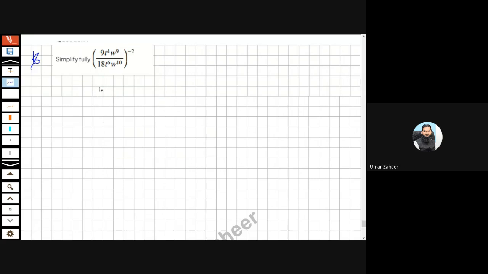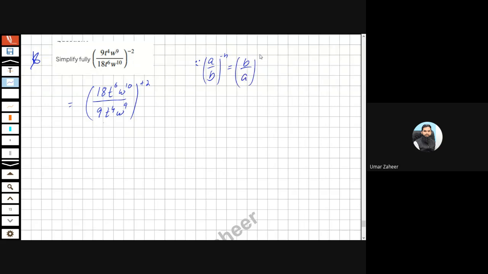So take the reciprocal, it will be 18 t^6 w^10 divided by 9 t^4 w^9, and whole raised to power -2 will become +2. Is it clear? It's a simple rule. If you have a over b whole raised to power -n, when you take b over a, it will be +n. That's it.